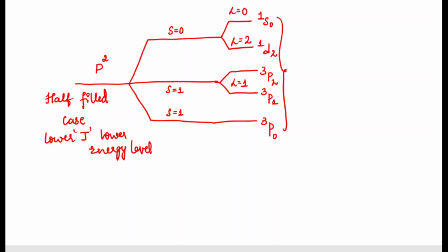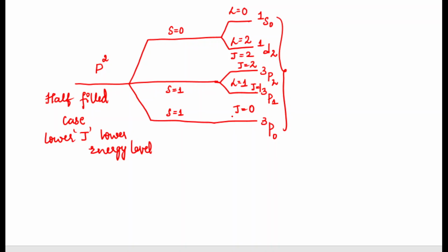What we have here, J is 0, and here J is 2, and here again J is 2, and again here J is 1, and again here J is 0. Right, these are the values we are having.